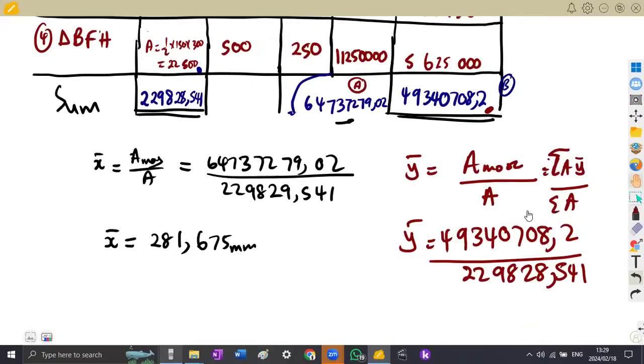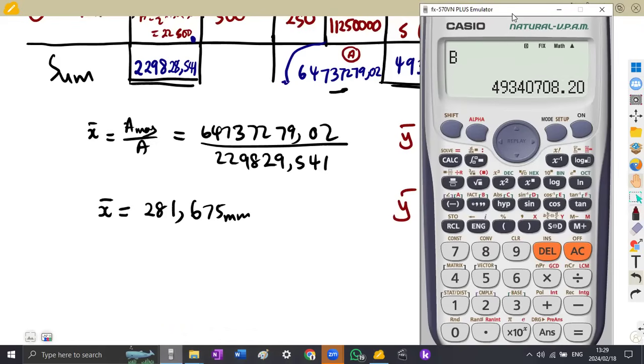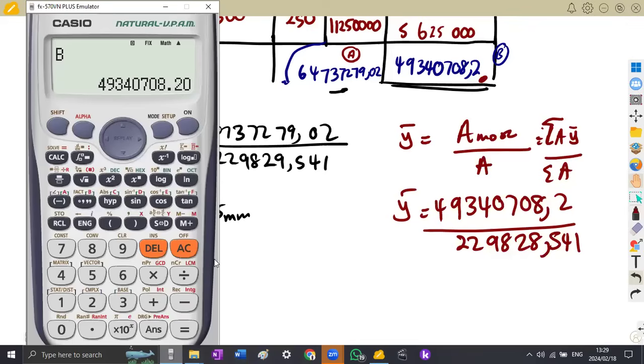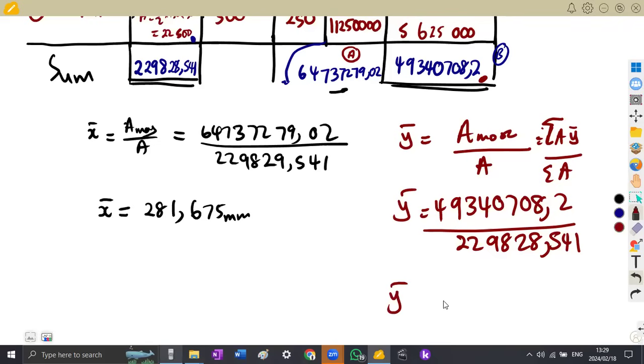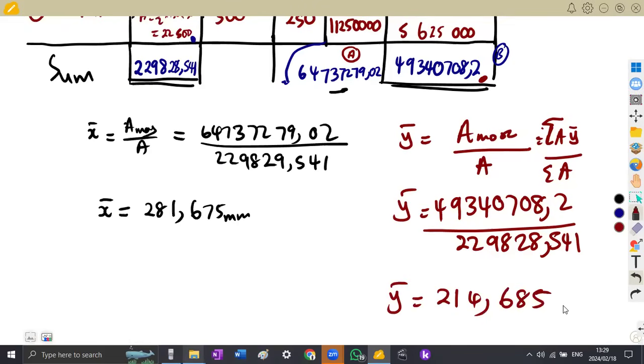Yeah, that is it. So it's RCL A this time. All right, we need that answer at B this time. It is at B, this one. Remember, we stored this at B. So you're going to say RCL B divided by this as it is, 229828.541. So that is going to give us 214. All right, so this is 214 point something like that. So the Y coordinate is going to be 214.685 millimeters.